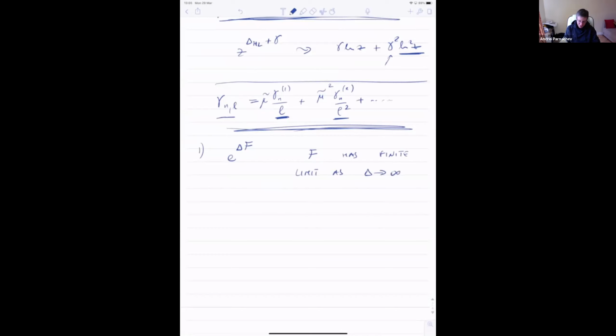And this limit actually is something that you can compare with holography. So in holography, of course, in the delta goes to infinity limit, this correlator is dominated by the Wilson line. So you can compute this Wilson line and recover this function f.